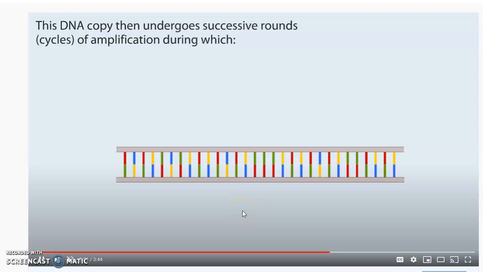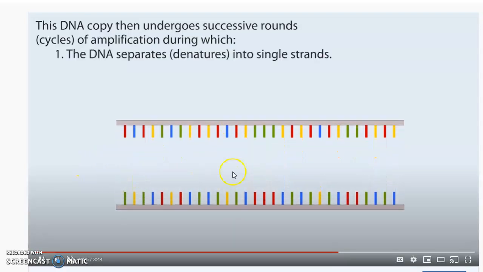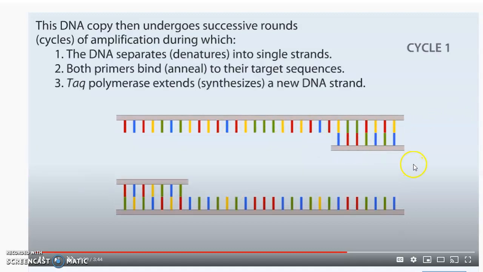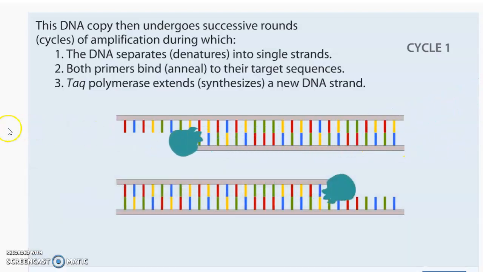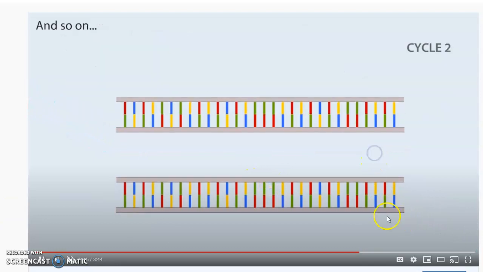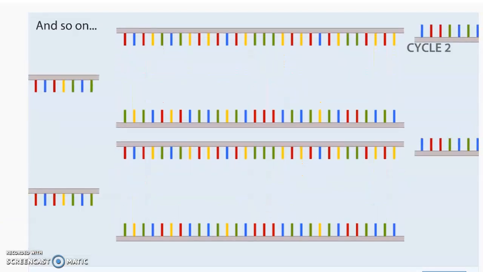So now we need to amplify this. So what will happen is, first of all, they will separate, and then the primers will join, and then the Taq DNA polymerase will extend or synthesize a new strand of DNA, and then this will keep going on and on.